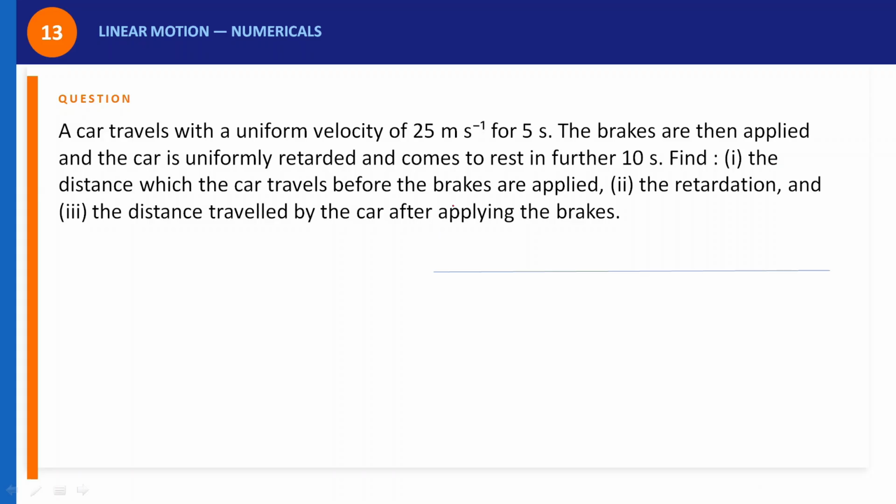Before that, there is a straight line. I will denote some points: A, B, C. So here it is uniform velocity 25 meter per second for 5 seconds. Let us consider A to B has taken the time 5 seconds.